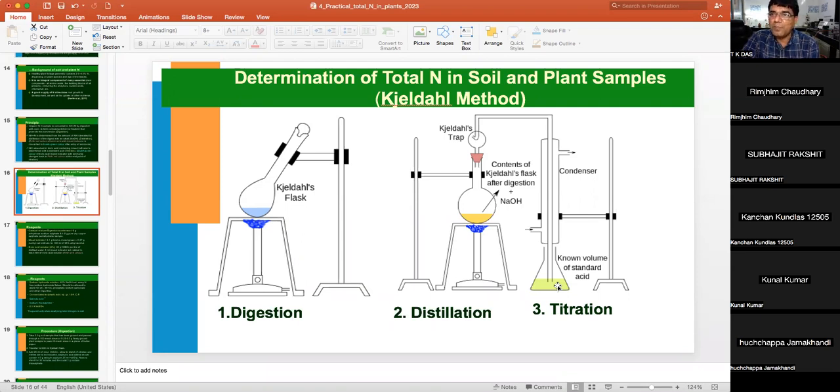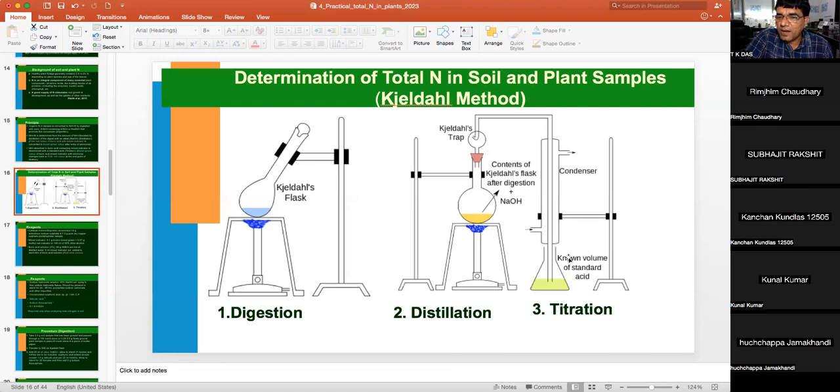The distillation has been completed. If the color changes from red to blue, some ammonia is still left and I can wait. You can repeat it after 5 minutes to check if any ammonia is left. This is how you can decide when to stop the distillation process.